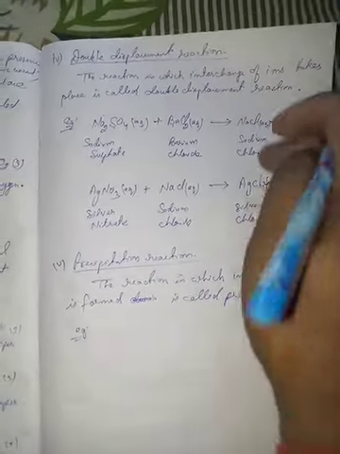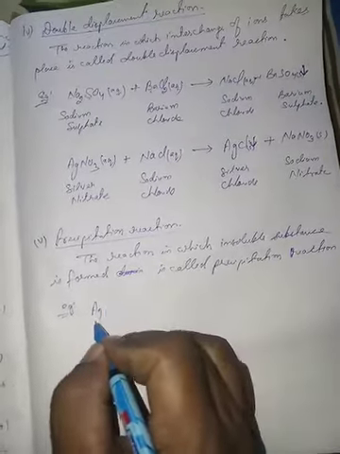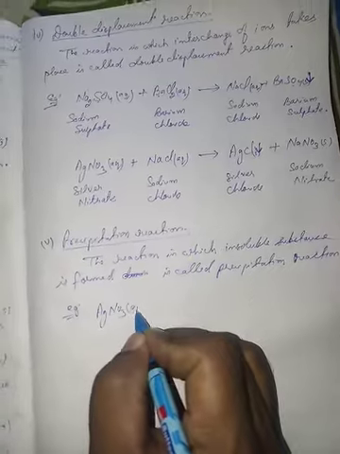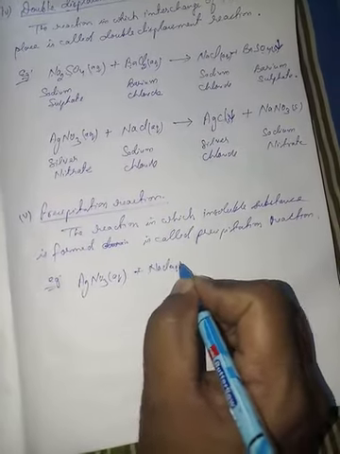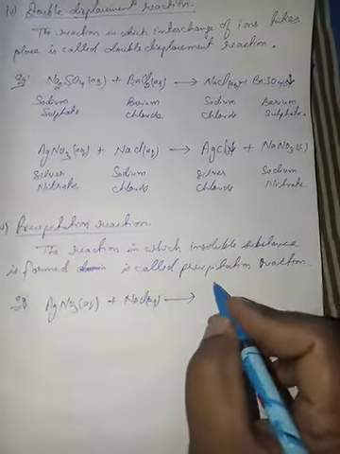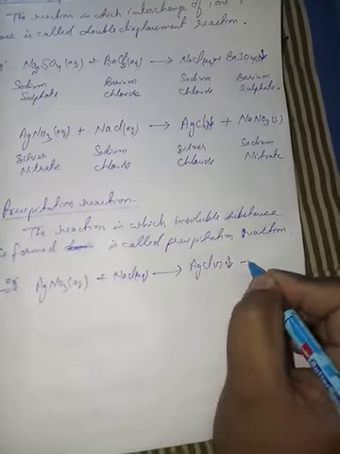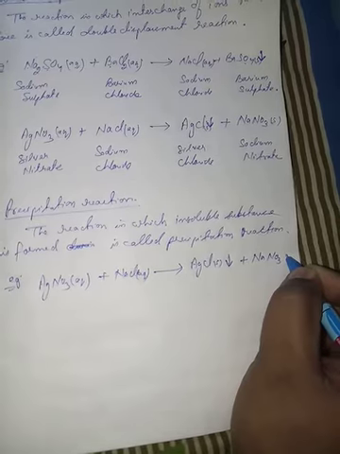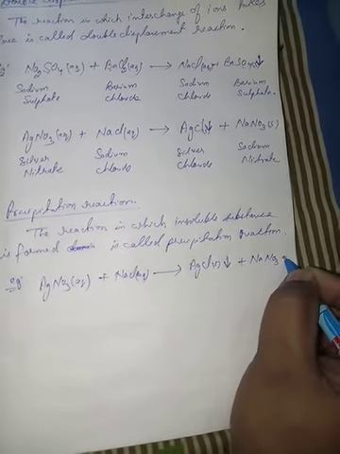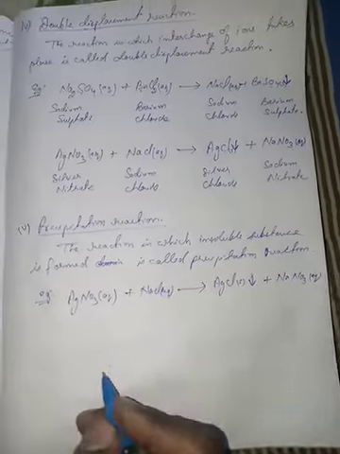Example, these are two examples, you can write any of these. Let me again repeat the same. Silver nitrate aqueous solution plus sodium chloride, also in aqueous solution, react to form silver chloride, a solid state precipitate, plus sodium nitrate in aqueous state.